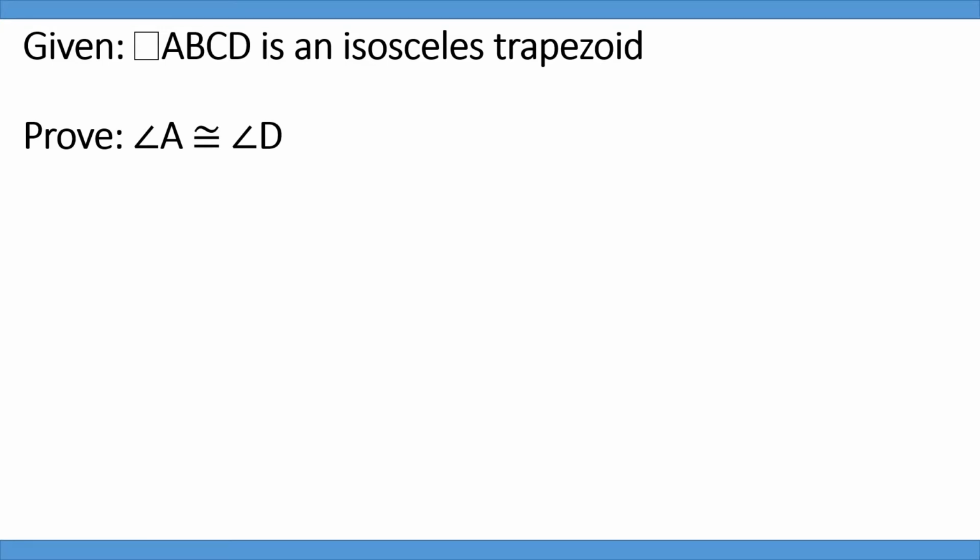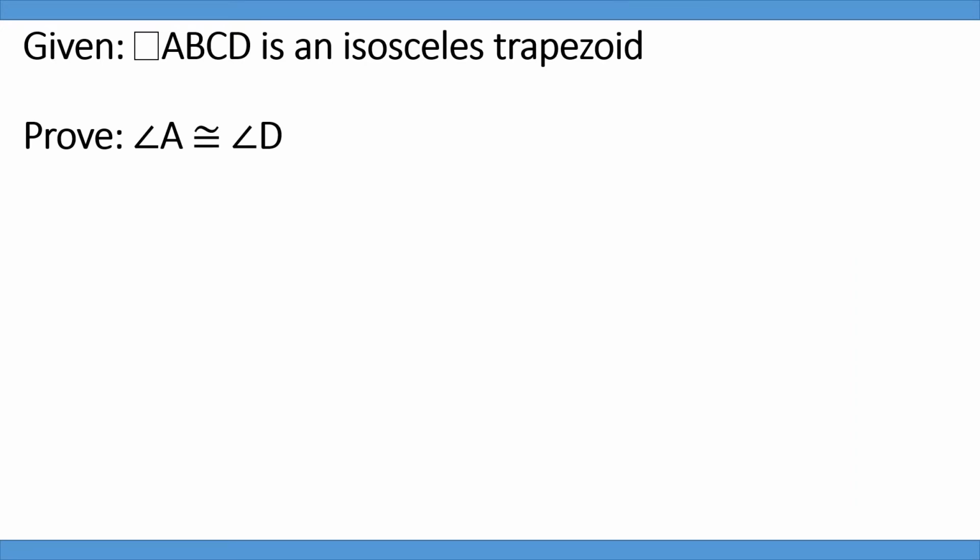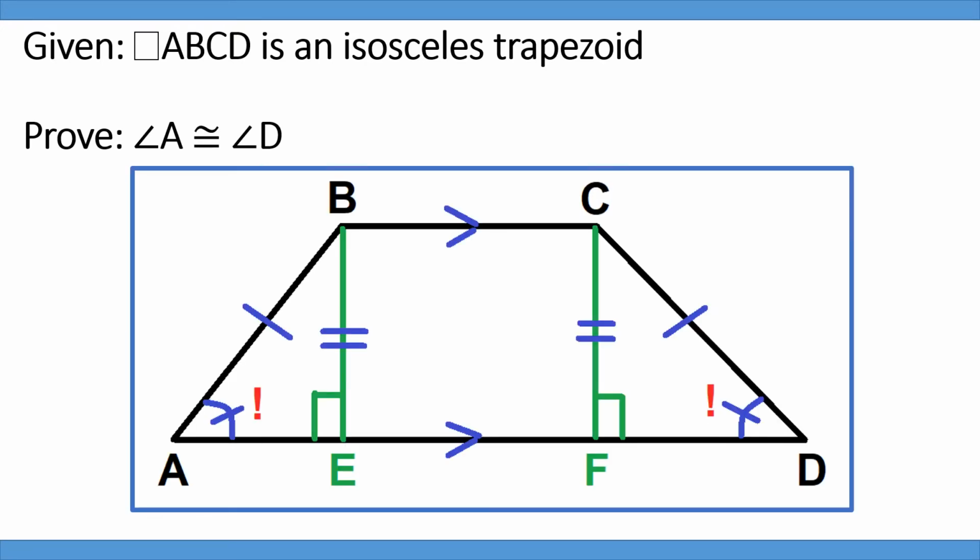So, by construction, we can construct line segment BE and line segment CF, which are both perpendicular to line segment AD. After line segment BE, which is perpendicular to line segment AD, is constructed, we can see that angle BEA is a right angle.